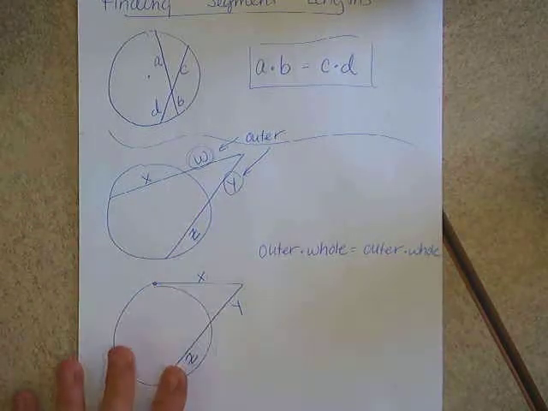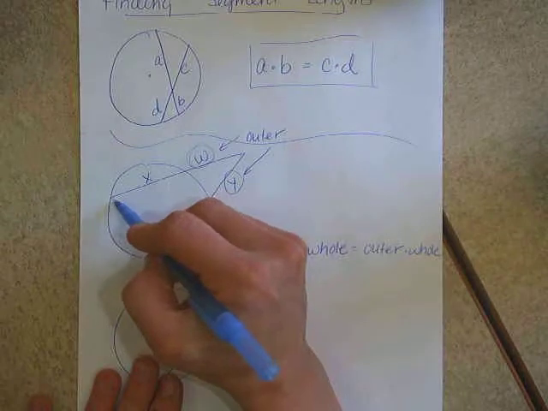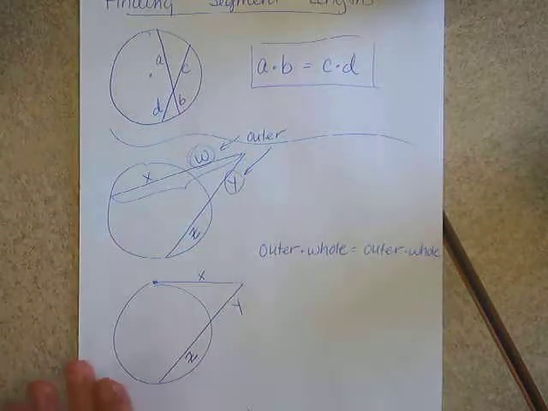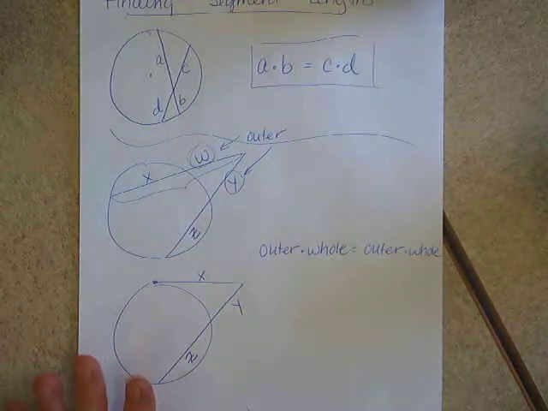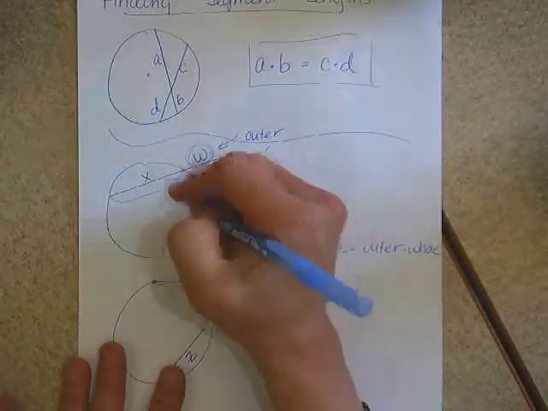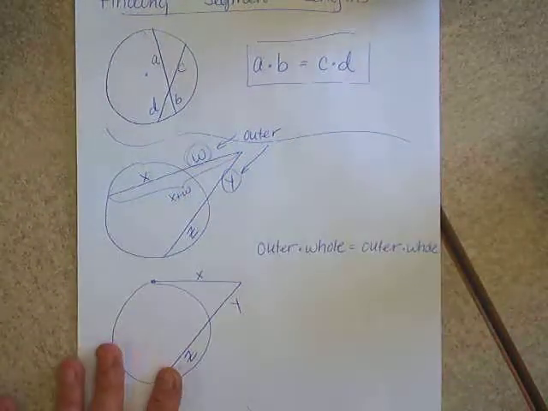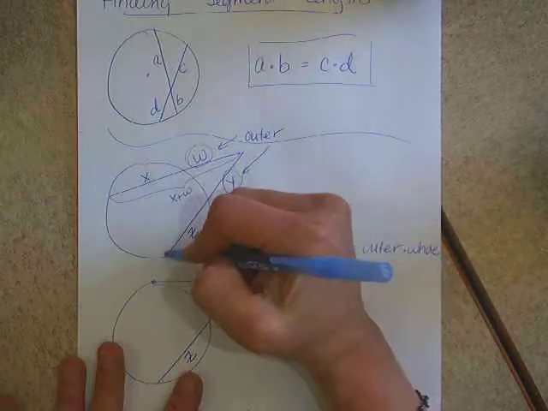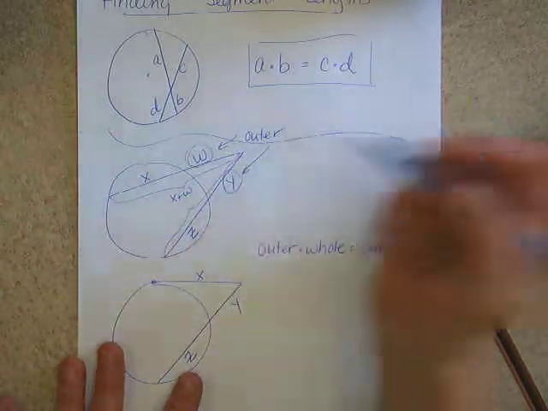Okay, that's the general idea. Now, what that looks like for this one, and you might want to get into the habit of representing that with one number or expression, depending on what you have. This would be X plus W, that whole segment.